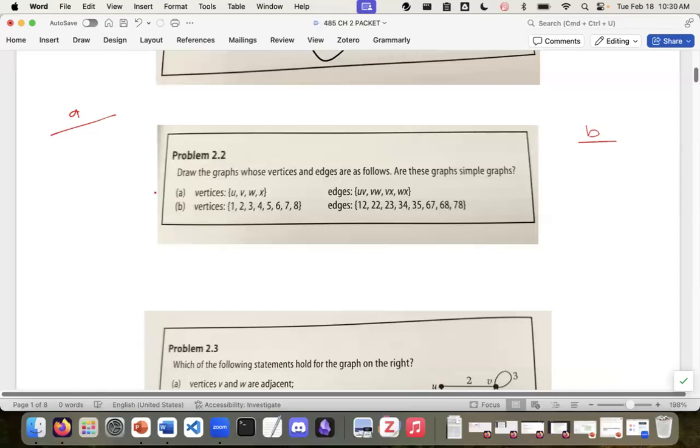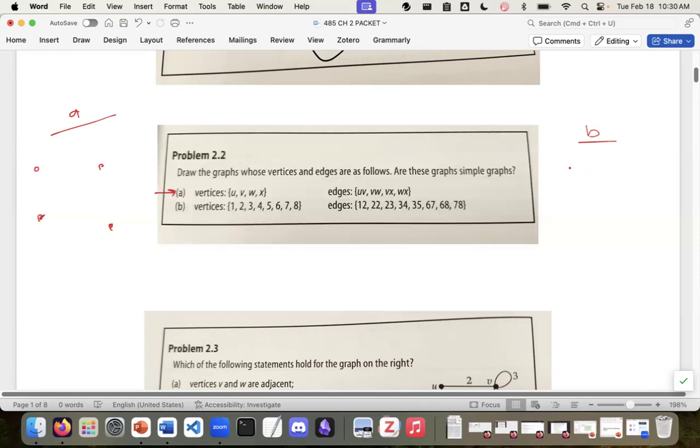So for A for problem 2, if I draw the dots for the vertices, and then when you have the edges, connect the vertices together.